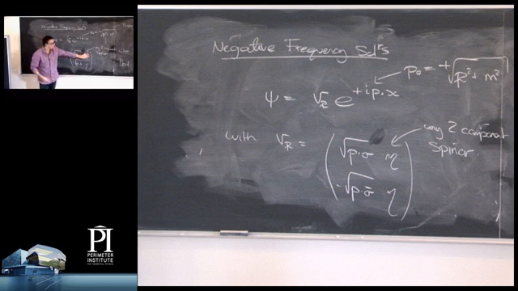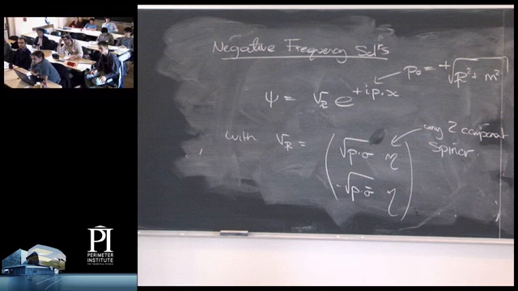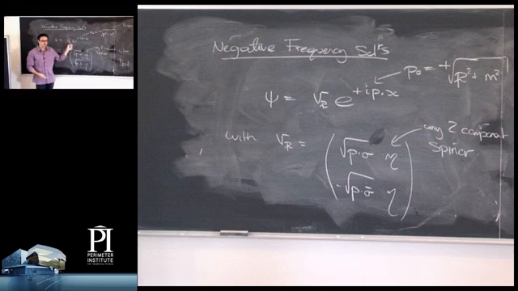And then you act on this arbitrary two-component spinor. Yeah, it'll be clearer this afternoon when you actually sit down and show why this is the solution. But I need this notation for what's coming up. This u and this v are going to be important. Okay. Other questions?